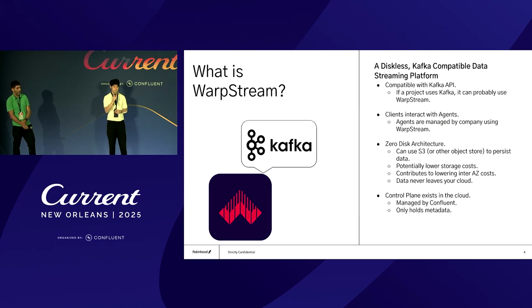Also, with this new zero-disk architecture, these agents are now stateless compared to Kafka brokers, and that also lets scaling take place much easier. And finally, the data never really leaves your cloud because it's provisioned in your own S3.